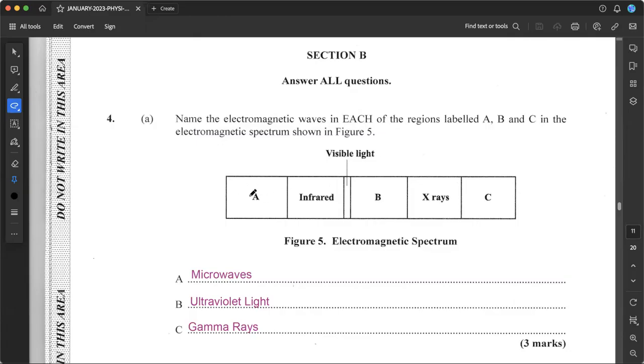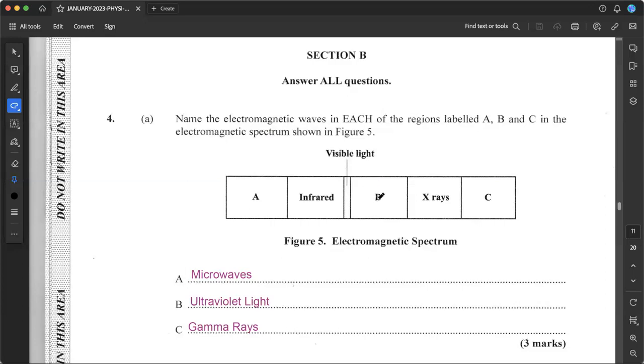We see that A would be the region that's directly below the infrared region, and we know that that's where microwaves are, right? So that's the microwave region. So we put microwave for A. And next we have our infrared, then we have visible light, and we know that above visible light, at a higher frequency, we're going to have ultraviolet light.